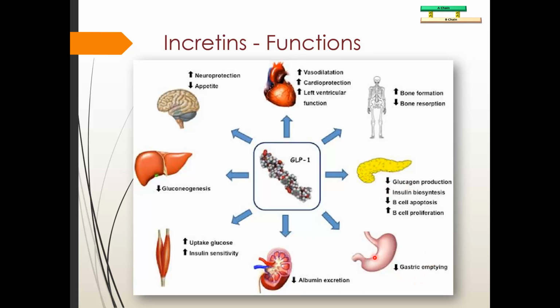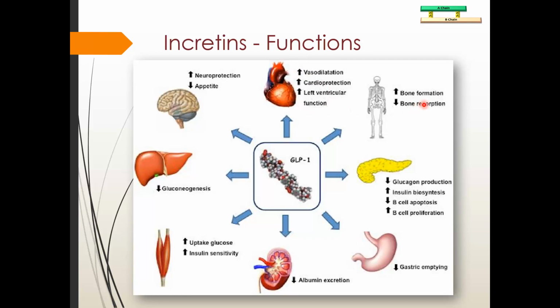It decreases gastric emptying, it decreases albumin excretion from the kidney, it increases insulin sensitivity in the peripheral tissue, especially in the voluntary muscle. It decreases gluconeogenesis, it decreases appetite, so the patient will take less food and there will be less postprandial hyperglycemia. It also has some neuroprotection, and it has some cardioprotective and vasodilatation properties.